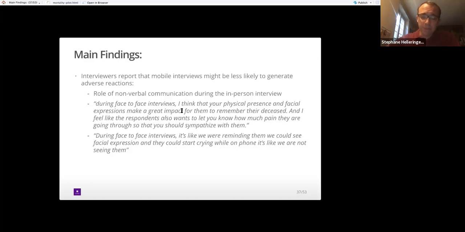So they argued that during mobile interviews, these nonverbal cues are less present, and there's a more limited dynamic towards more reactive emotional states in that context.